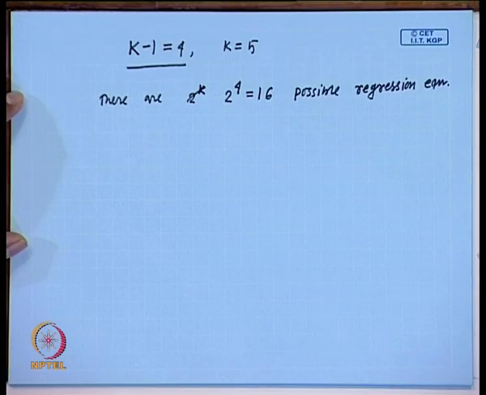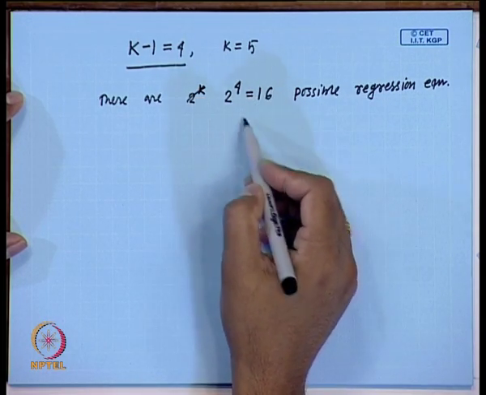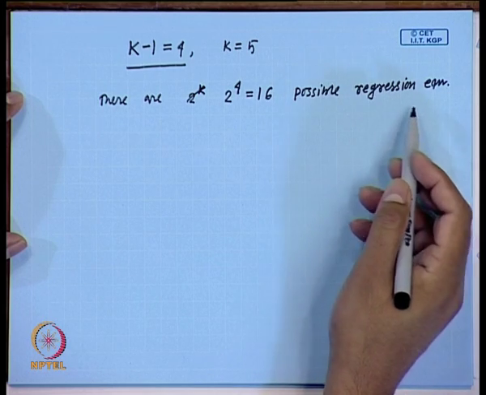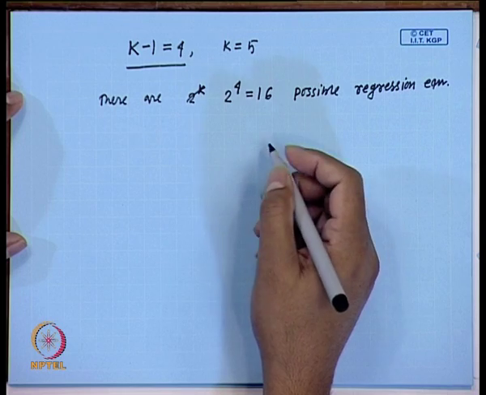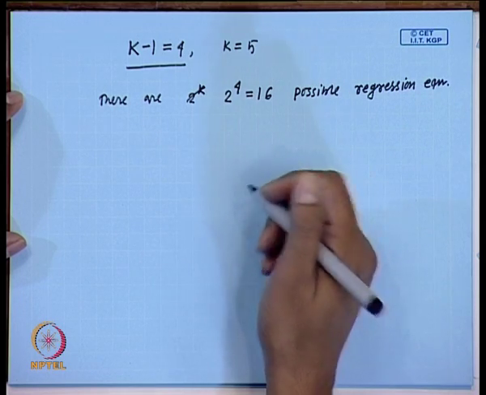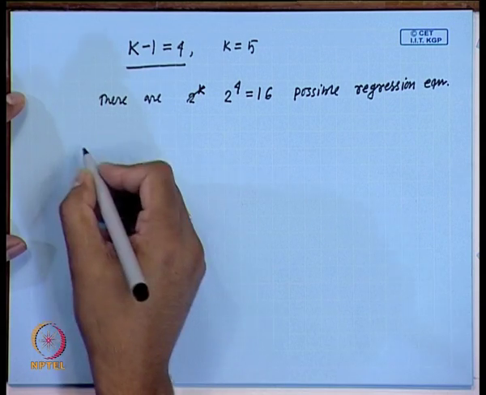When the number of regressor variables is 4, we have 16 possible regression models, and we need to evaluate them with respect to some criteria, and see the complexity of this approach.